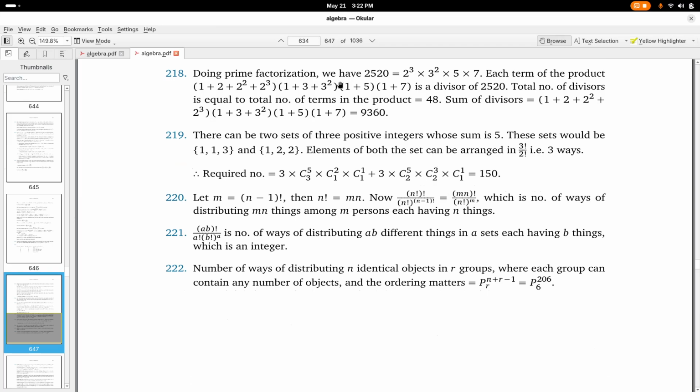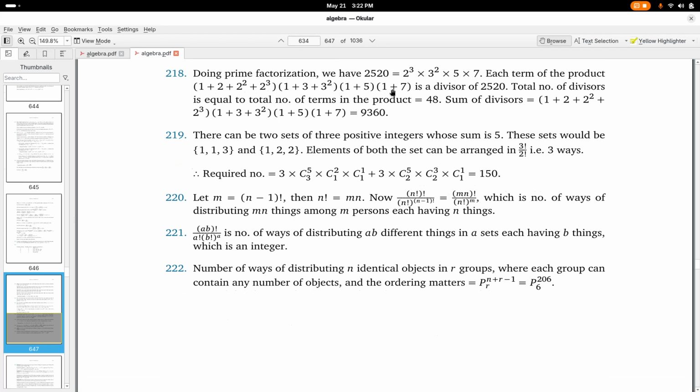So we do the prime factorization. We have 2520 is equal to 2 to the power 3 multiplied by 3 to the power 2 multiplied by 5 multiplied by 7. So we pick each term of the product. So this would be 1 plus 2 plus 2 square plus 2 cubed. And then for 3, it would be 1 plus 3 plus 3 square. And for 5, it would be 1 plus 5.